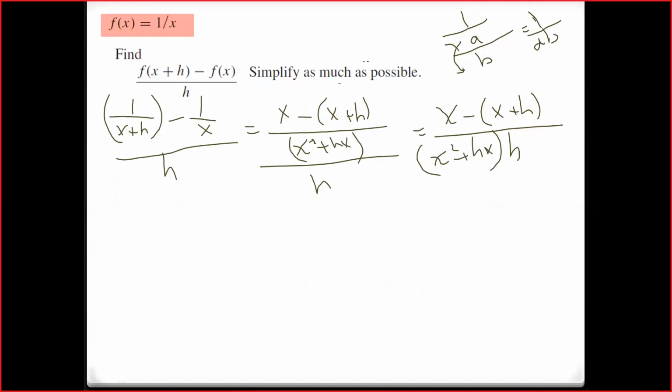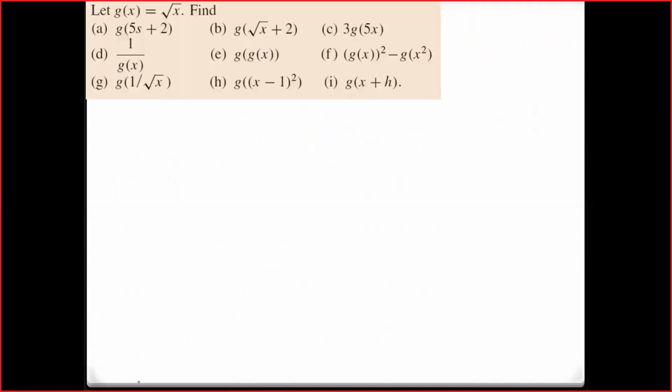I will stop here. Okay, now if you have g of x, it's the square root of x. Now I want you to find g of 5. I want to choose Tala. Tala, how are you?